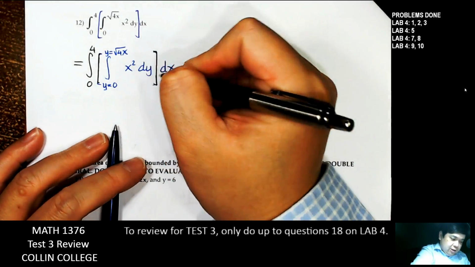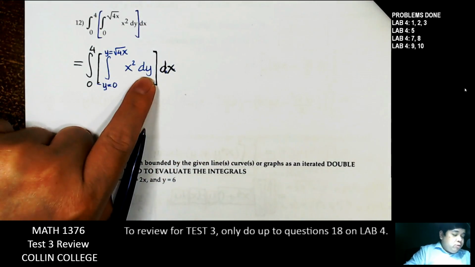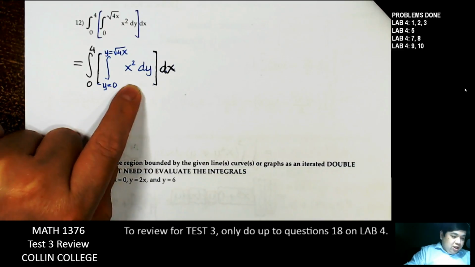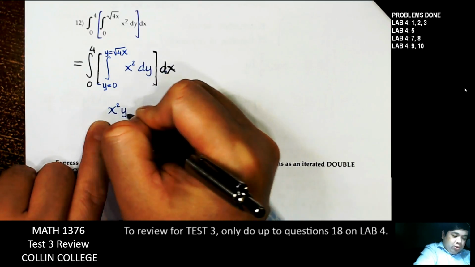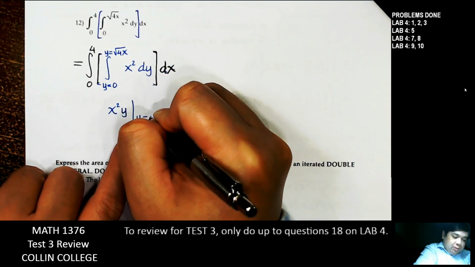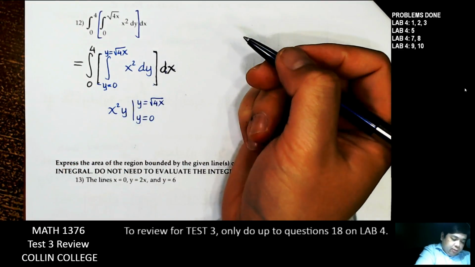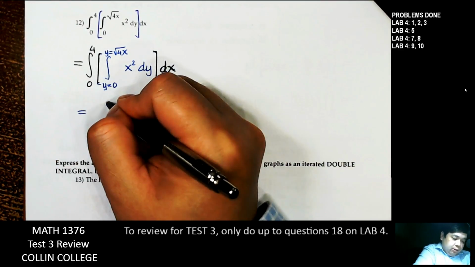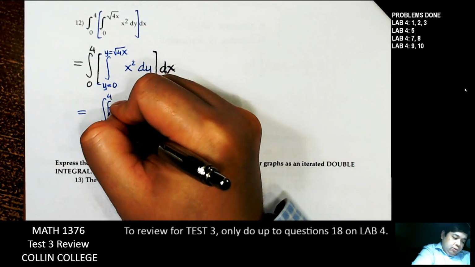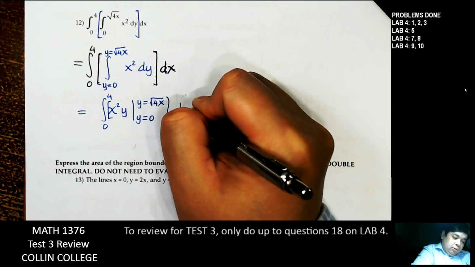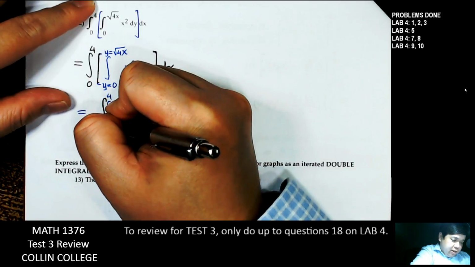Now, with respect to y, x squared is just a constant. So if it is a constant, we will just stick the variable y to it. I should keep this.